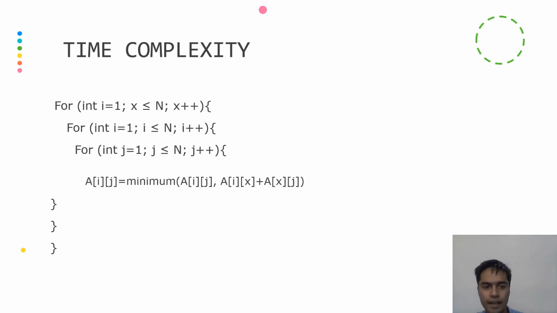Besides accessing every element of the matrix, we are also going to require another loop so that we can iterate through the values of x from 1 to n. And when the value of x reaches n, we can say that we have found the answer.